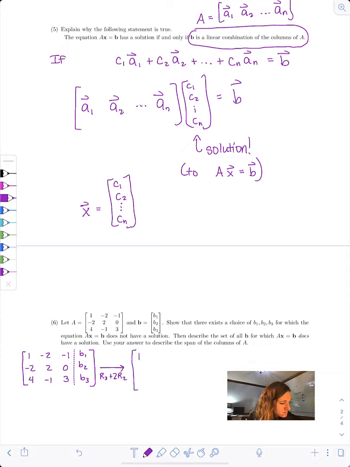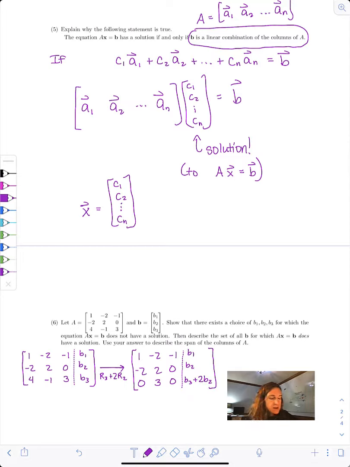So that's going to give us 0, -1 plus 4 is 3, 3 plus 0 is 0, and then in our right-hand column, we have b3 plus 2b2.